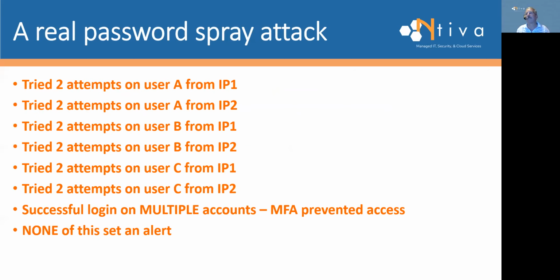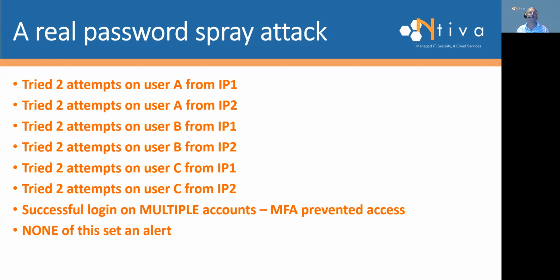Now, this is not really all that intuitive, but I did this just so you could see the pattern. This is from a real password spray attack. It was tracked back to a nation state actor, we think. They're very patient.